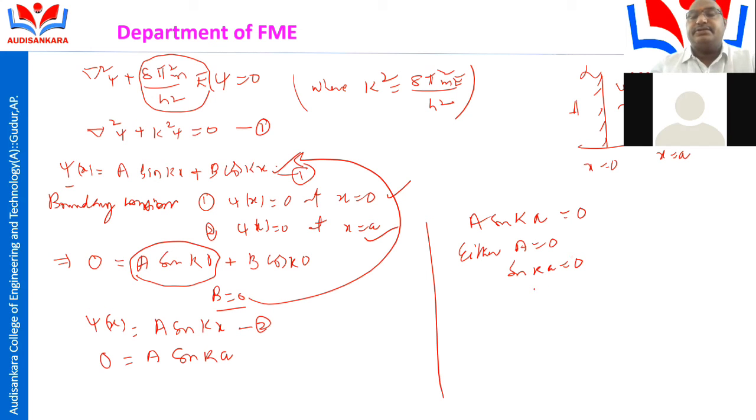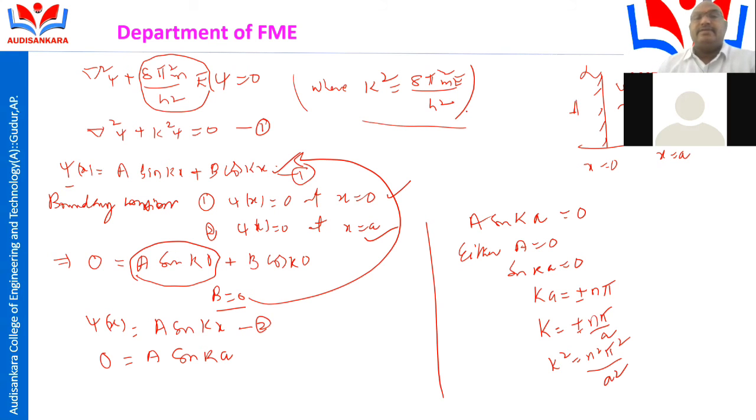So ka is equal to plus or minus n pi, because sin 0 is 0, and sin 180 degrees is 0, and so on. Then k is equal to plus or minus n pi by a, and k square is equal to n square pi square by a square.